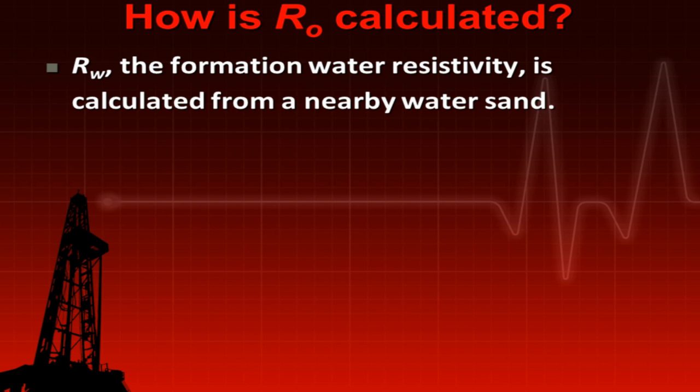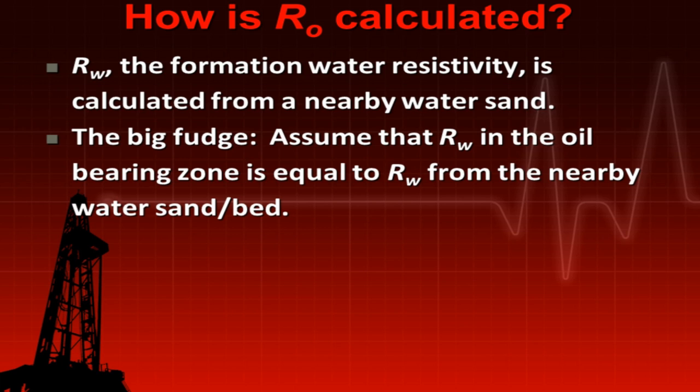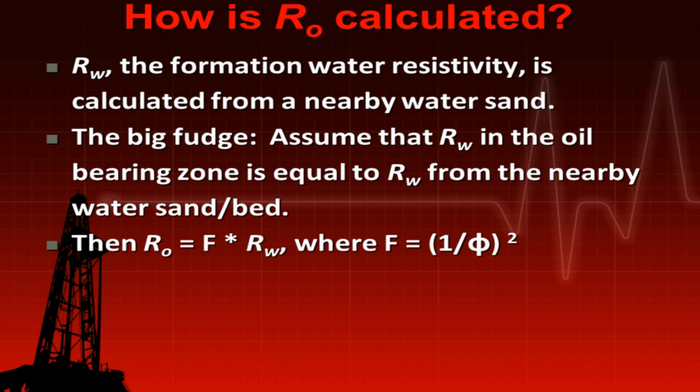Then in that case, we get R0 equal to some number times that Rw. Okay, so I warned you about porosity. Remember, I have to talk about porosity now. So this formation factor F, Archie had a more general formulation. I'm giving you the 99% rule here.